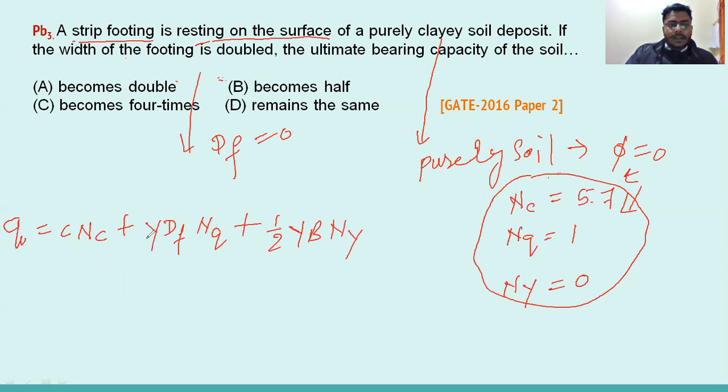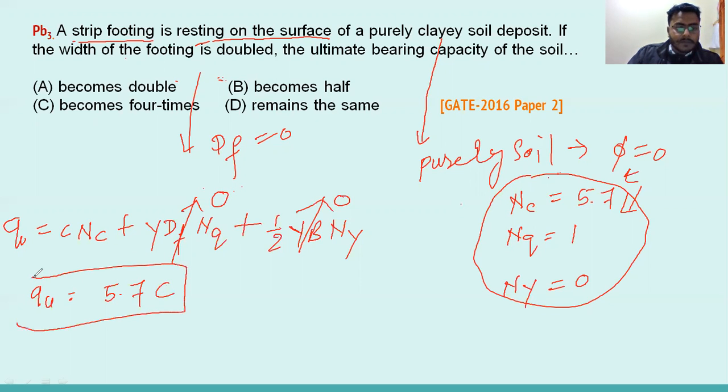The footing is resting on the surface, so Df is equal to 0, so this expression will be 0. Here phi is equal to 0, so N gamma is equal to 0, so this expression will be 0. So finally we get 5.7 c after putting the value of Nc.